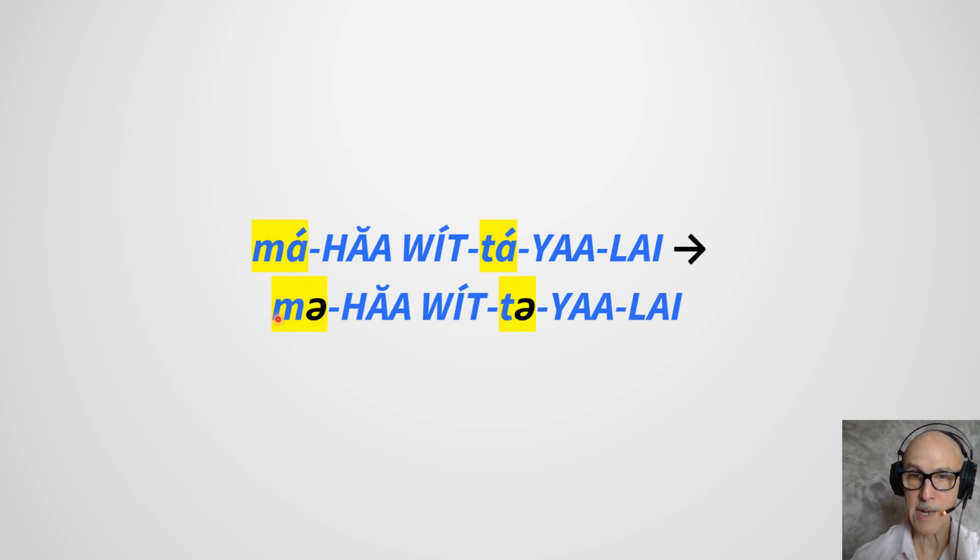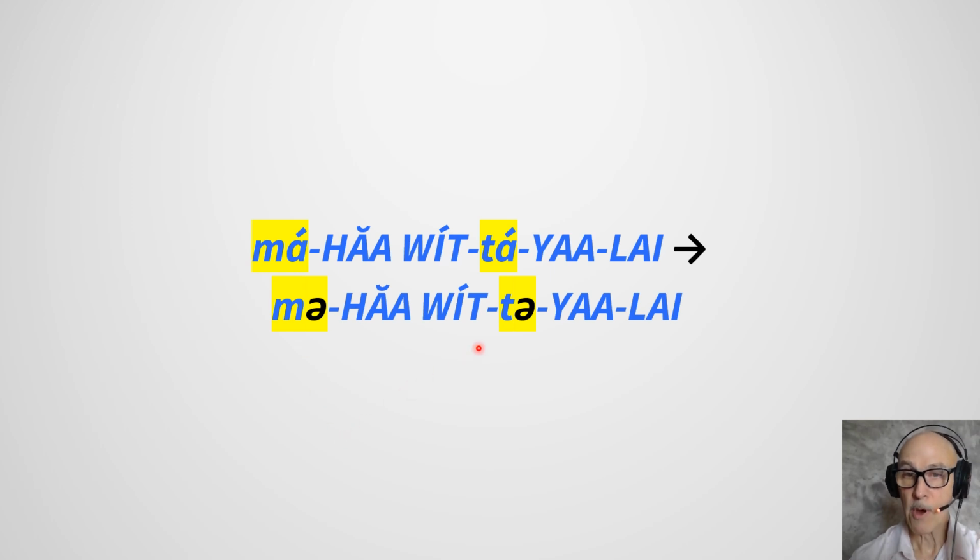You need the context to know what tone this is, what vowel this is. So this becomes shorter. I think you can probably hear it's a small difference, but it's an important difference in how quickly and how easily you can pronounce this one as compared to this one.